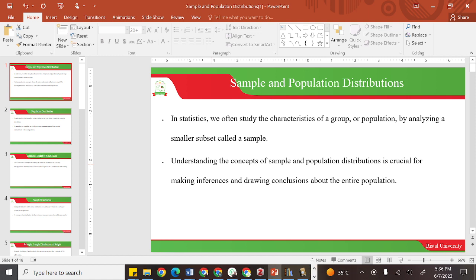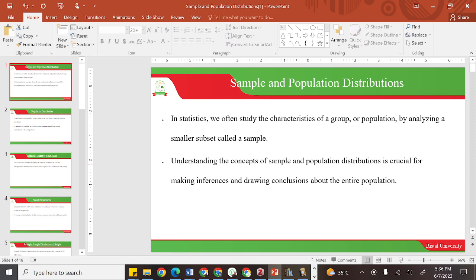In statistics, we look at samples. We collect data from samples, not the entire individuals in a given population. So basically, we make conclusions on populations based on what we have got from samples, and that is what we call inference.